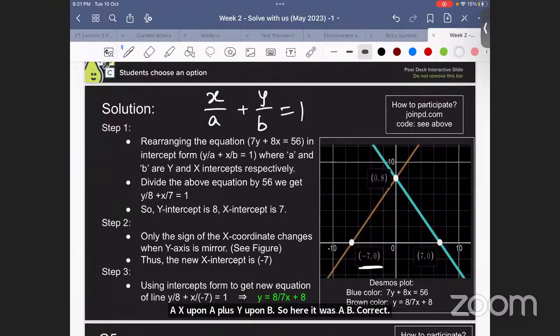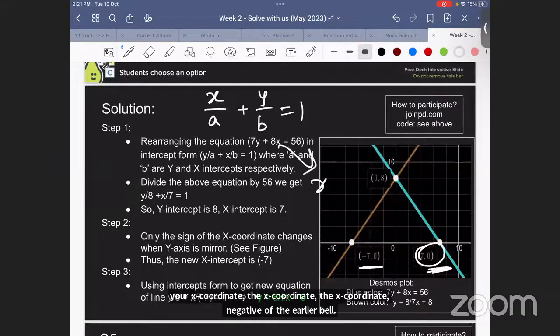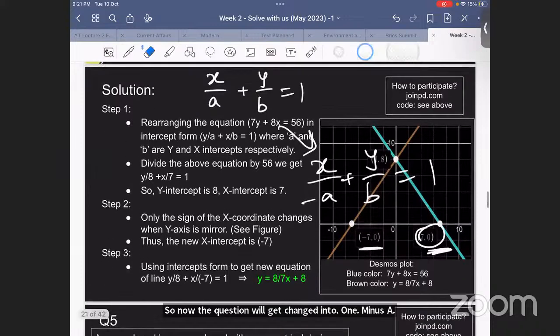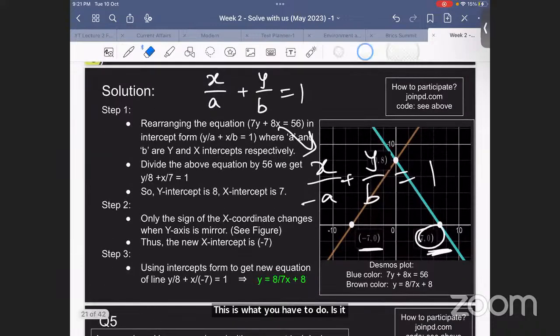Only the x-intercept changes, it is exactly the negative of the earlier value. So now the equation will change into x upon minus a plus y upon b equals 1. This is what you have to do. Nothing else. Is it clear or should I explain it again?